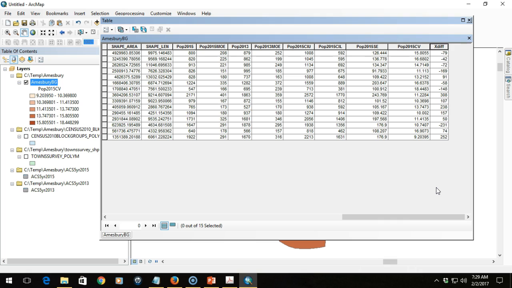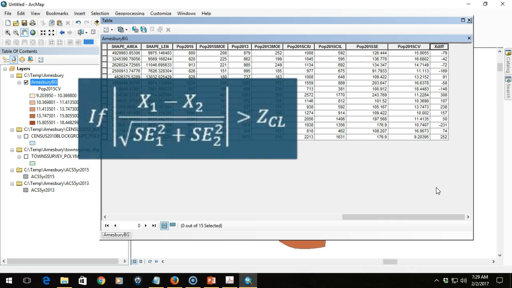The test for significance is carried out by making several computations using the estimates and their standard errors. Algebraically, the significance test can be expressed with this particular equation. The equation describes, essentially, taking the difference of the estimates and dividing it by the square root of the summed squares of the standard errors.